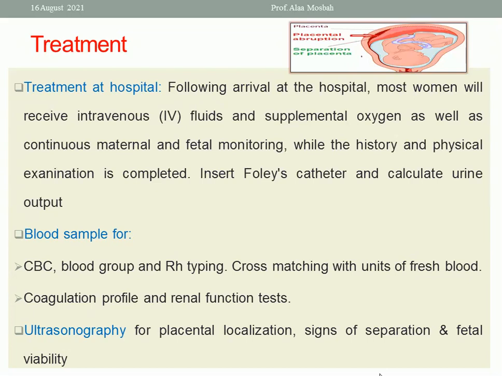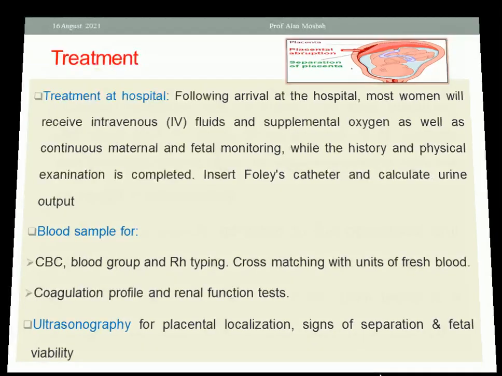Ask for lab investigations, as we mentioned before: CBC, blood group, cross-matched blood and Rh factor, coagulation profile, renal function test, and ultrasonography to confirm the diagnosis, localize the site of the placenta, and assess signs of separation and fetal viability.